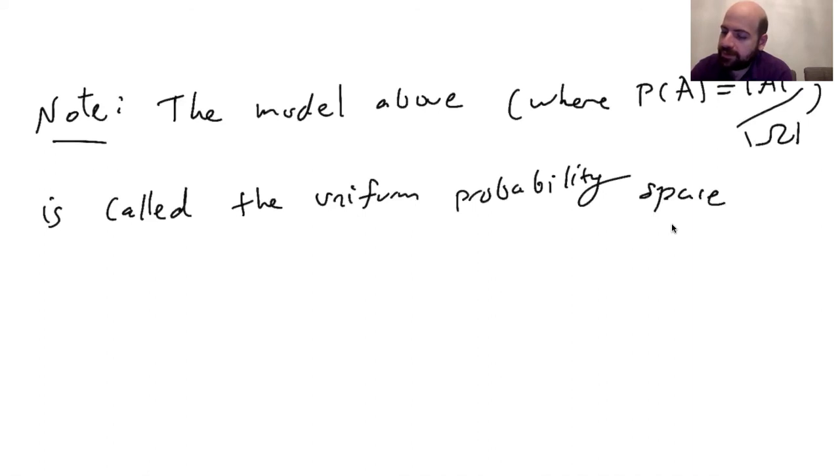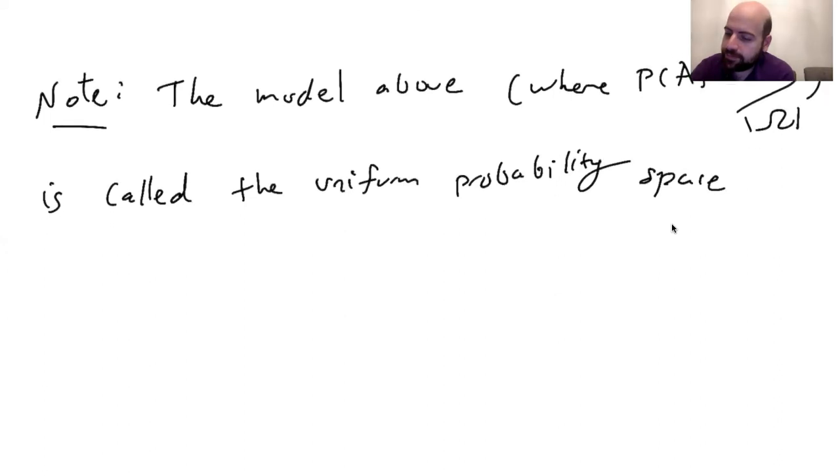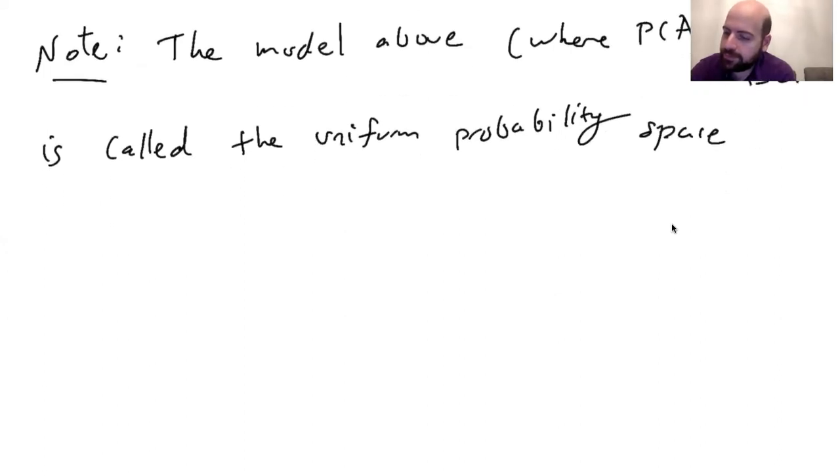Now the next thing that we need is random variables. So what is a random variable? Or before doing random variables, let me give another example.